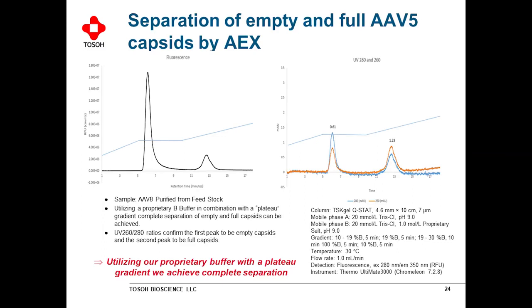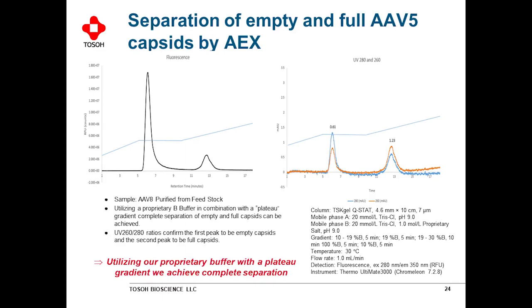The next experiment we did is a more use case type scenario that I think a lot of people will see. In this case, we have AAV8 material purified from feedstock. So we purified it using an affinity chromatography resin, and then we took that elution and put it on our QStat running a plateau gradient, as we're calling it, using our proprietary buffer. With this plateau gradient on the left, we have the fluorescence data, where we have a very large empty peak and a smaller full peak.